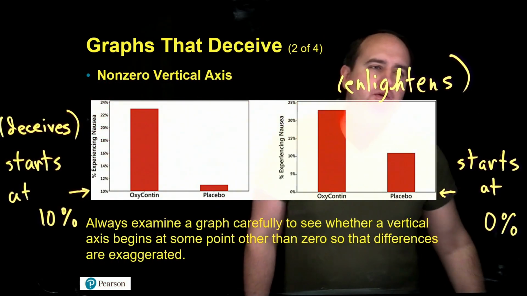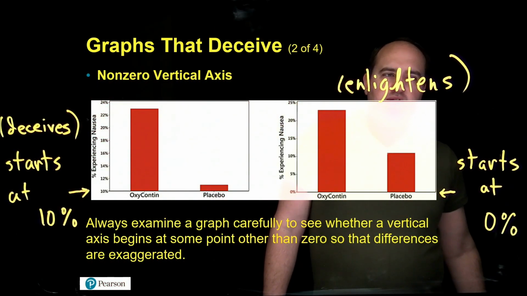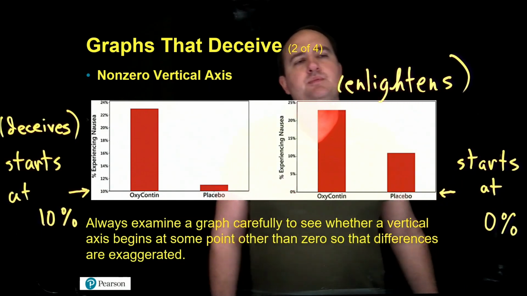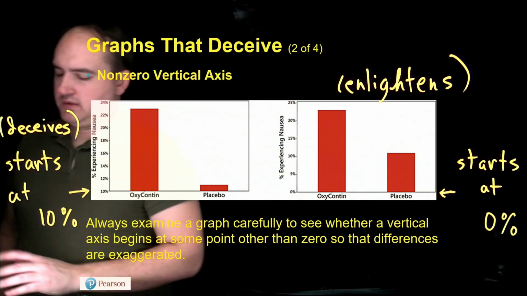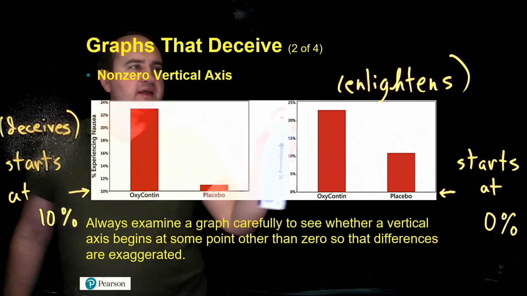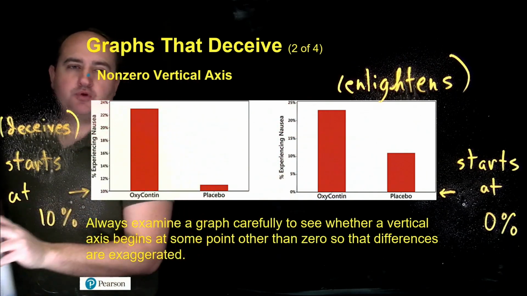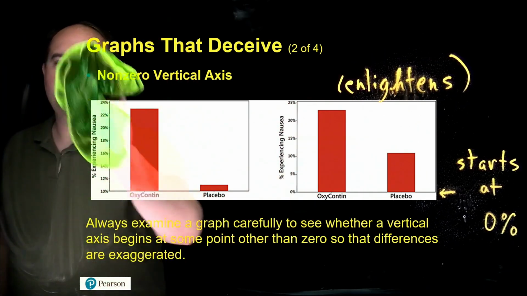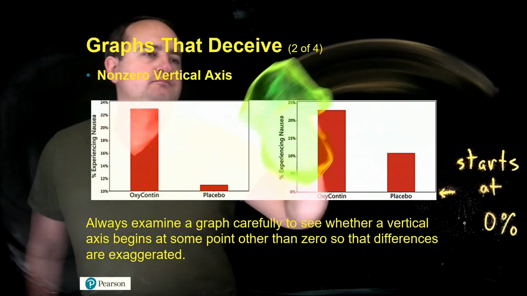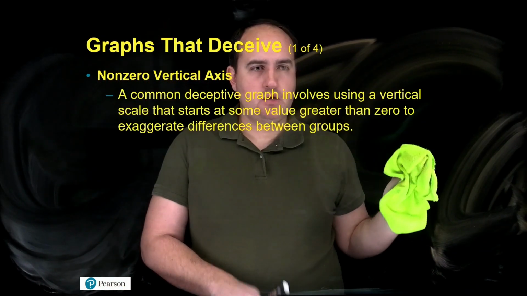You don't want your graph to be misleading. You don't want your graph to lie to people. So you want to use graphs that enlighten so that people know the truth, not a distorted version of the truth. Okay?